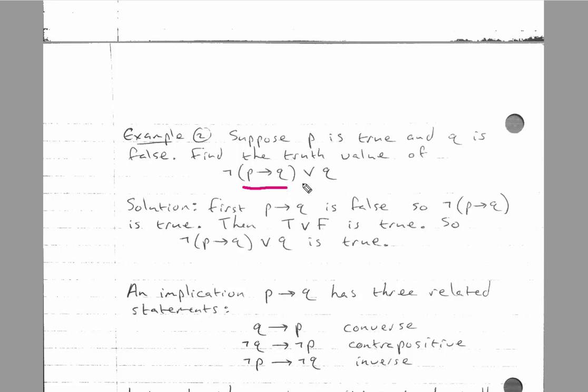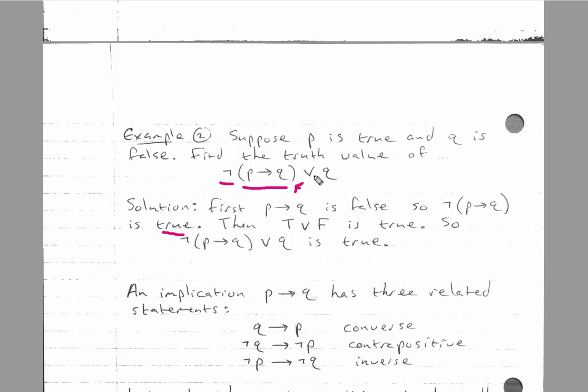So this piece is false. True implies false, that's the only time that implication is false. Next we have a not. Not false is true.